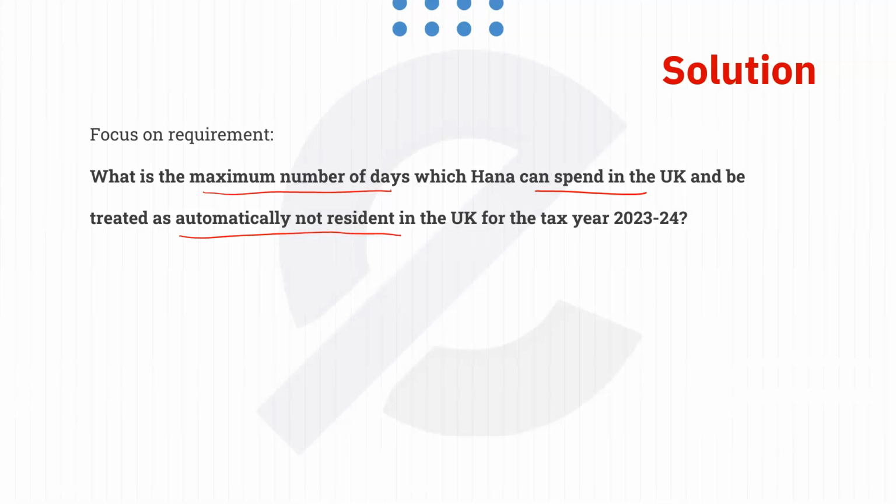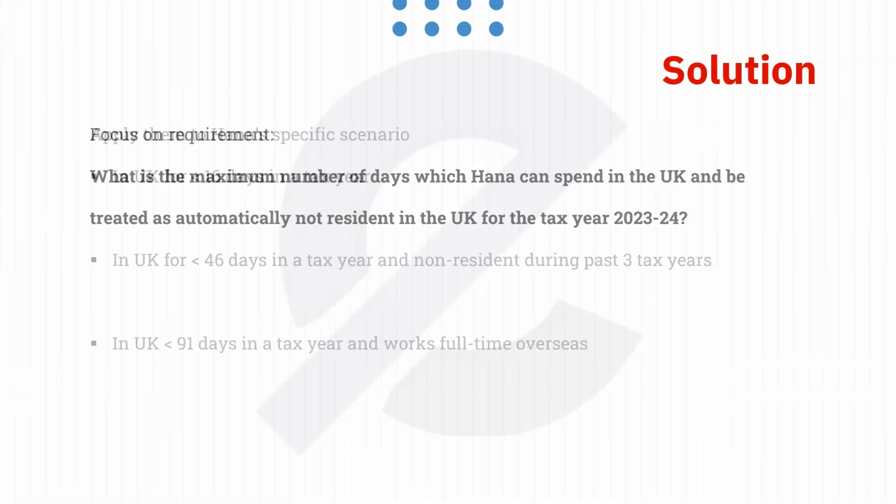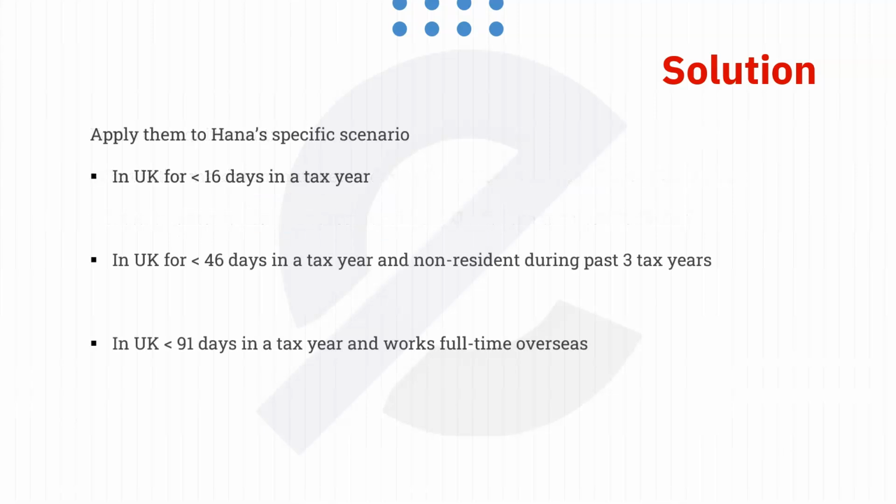Because the requirement focuses on non-residency, let's refresh the automatic non-residency criteria. 1. In UK for less than 16 days in a tax year. 2. In UK for less than 46 days in a tax year and non-resident during past 3 tax years. 3. In UK for less than 91 days in a tax year and works full-time overseas.